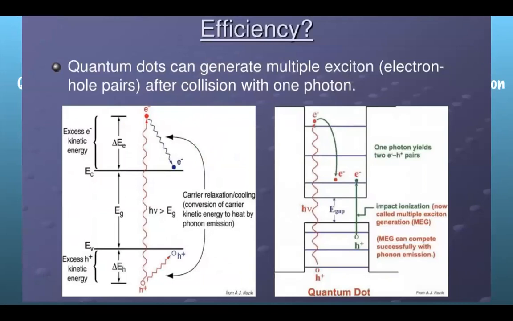Here, efficiency: a quantum dot can generate multiple excitons, electron-hole pairs, from the collision of one photon. Quantum dots have the potential to dramatically increase the efficiency of converting sunlight into energy, perhaps even doubling it in some devices, because of their ability to generate more than one bound electron-hole pair, or exciton, per incident photon.